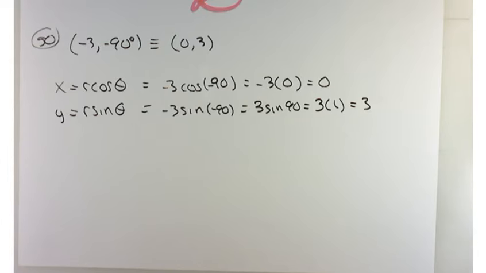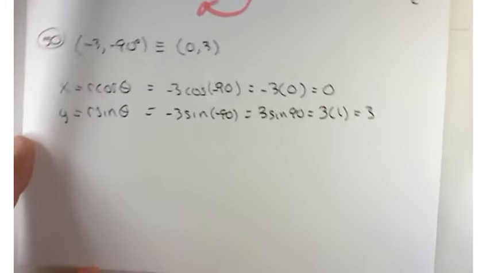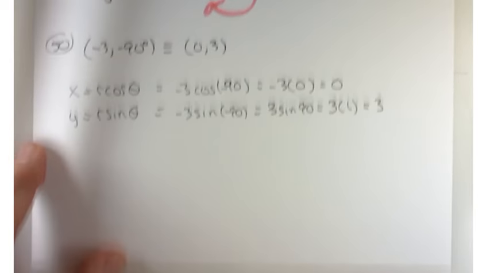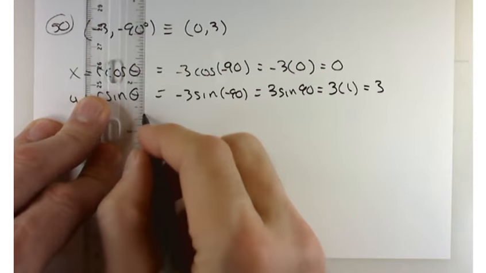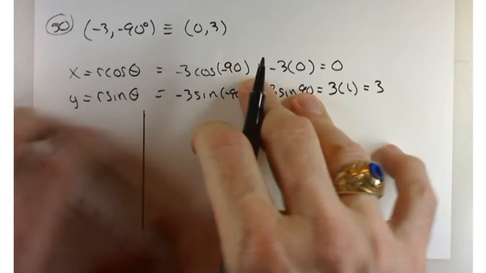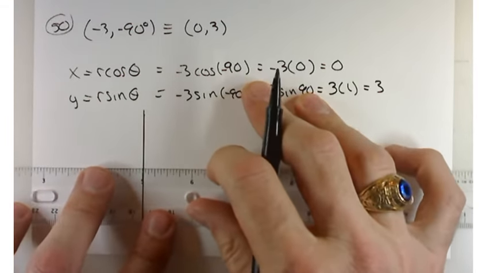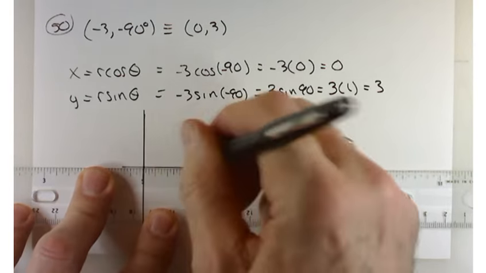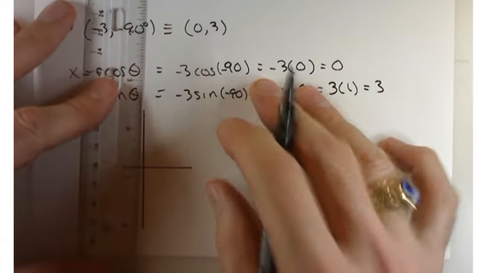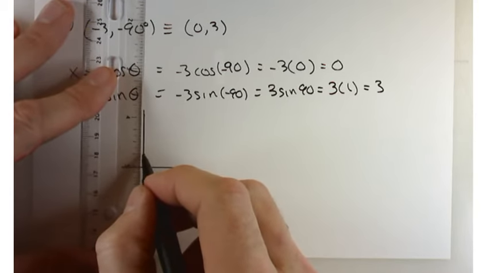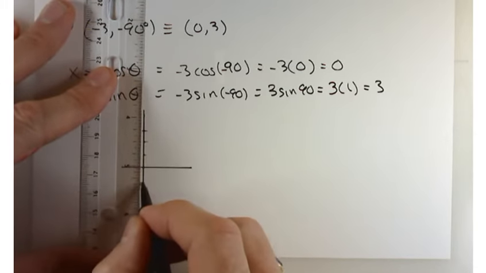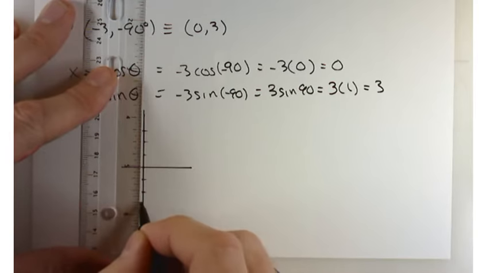This one you could have also done reasonably easily if you took a geometric approach. The geometric approach would just be to see where that would be graphed. Let's draw ourselves a quick little graph. So 1, 2, and 3.